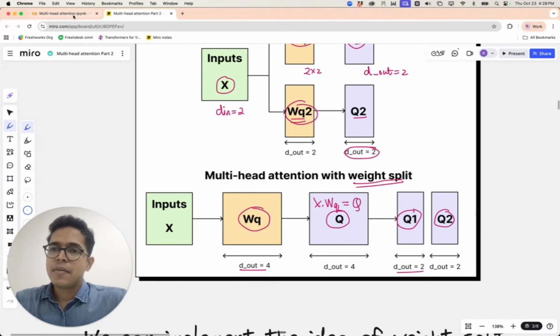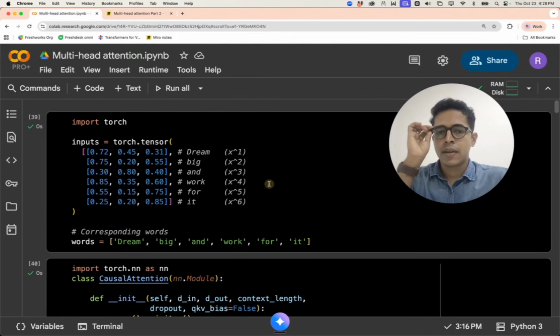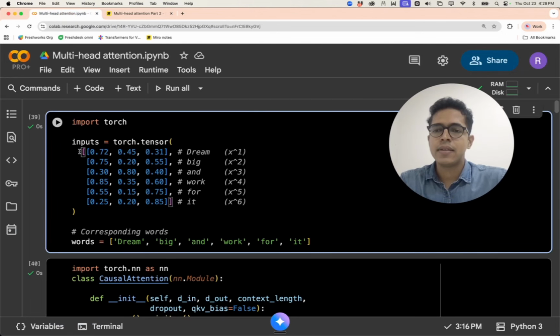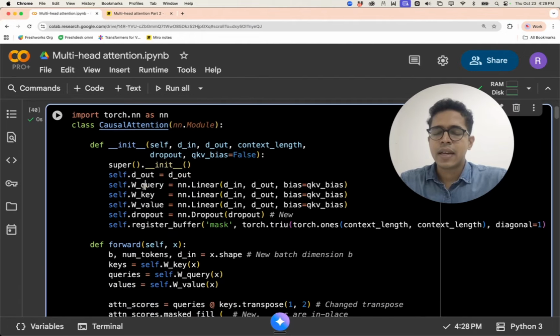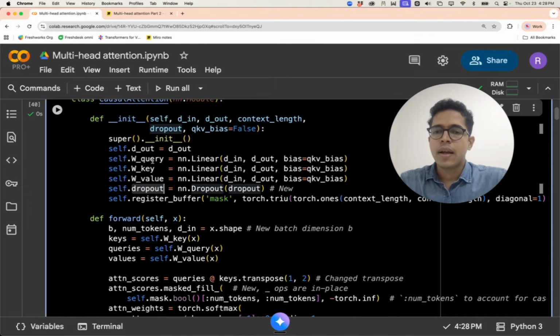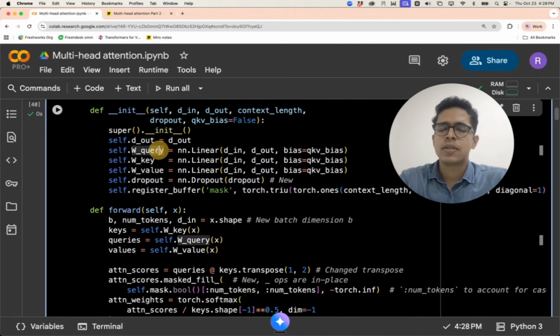In the last lecture, we had a basic implementation of multi-head attention using classes. So we had these tokens, dream, big, and work for it. And then we defined this causal attention class where we were initializing the weight matrices for query, key, and value. We defined dropout, and we defined the output dimension, which was being passed into the function.